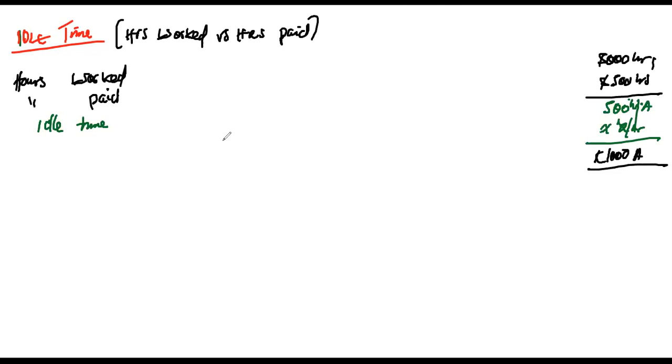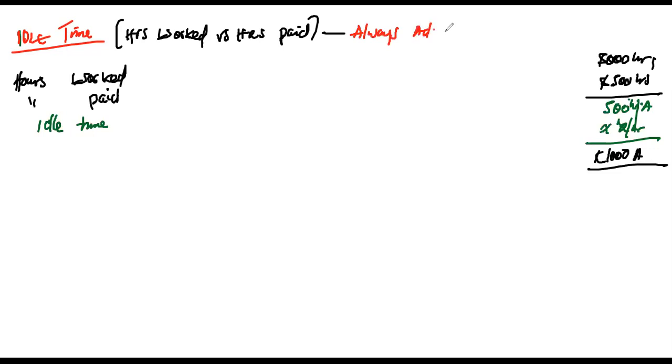And the examiner also asks what has caused idle time. I think this one is easy. The idle time variance is always adverse. There's no way it can be favorable because you are paying for more than you worked. Have you seen? It's always adverse.